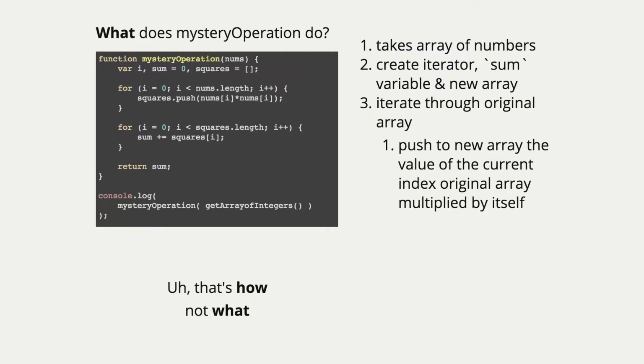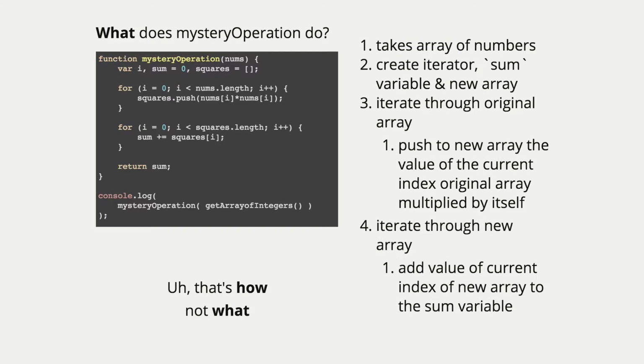We push to the new array the value at the current index of the original array, but we multiply it by itself. So we're squaring it, right? Everyone with me? And then we iterate through that new array of squares and add the value of each to a sum variable. So we just described how it's doing something, but what is it doing?